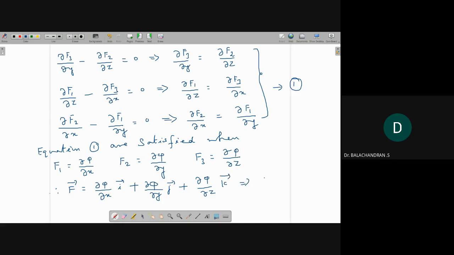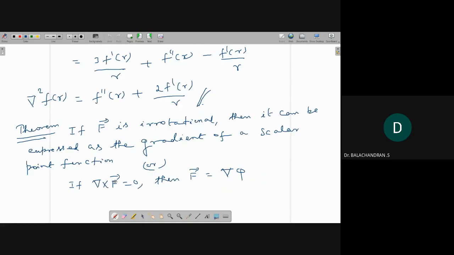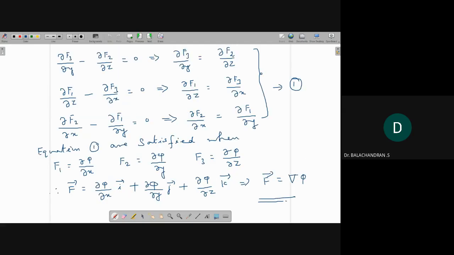This implies F vector equals, sorry, this is nothing but del phi. So if F vector is irrotational, then F vector equals del phi. Now, in the next problem, I am going to use this result.